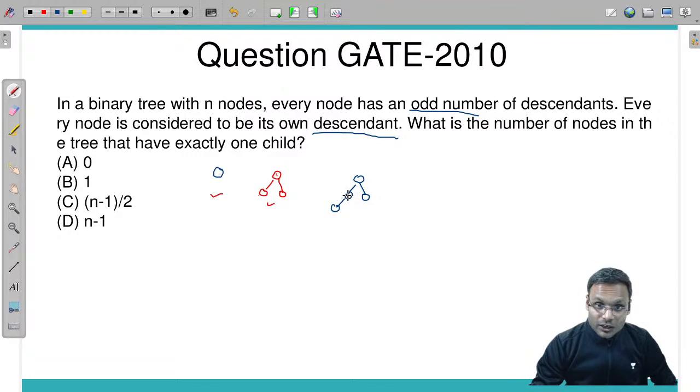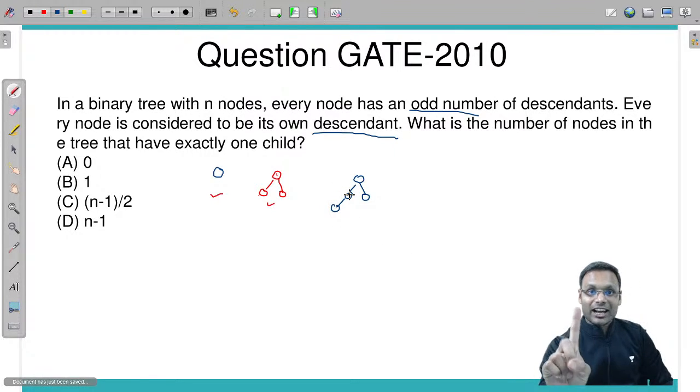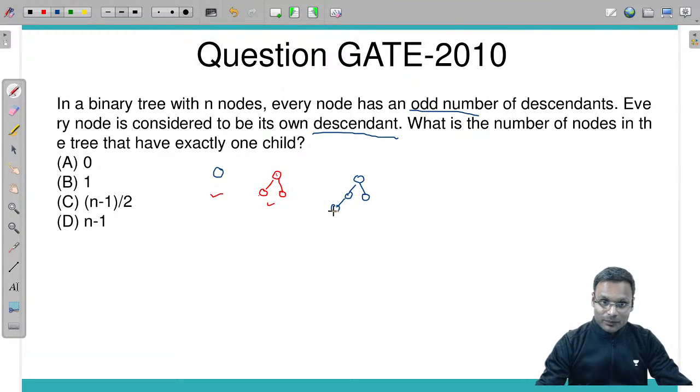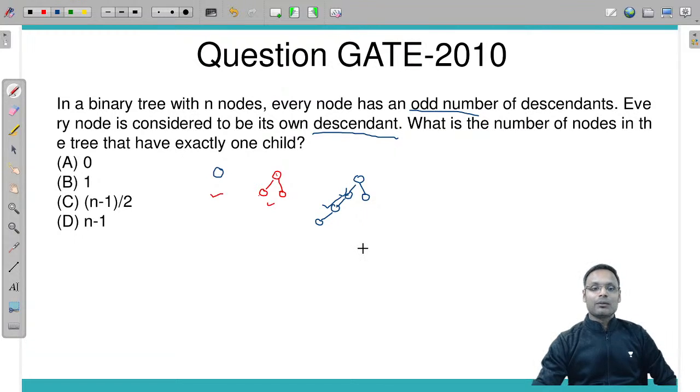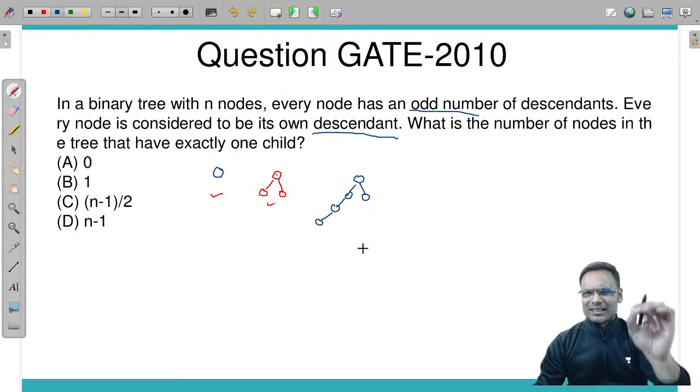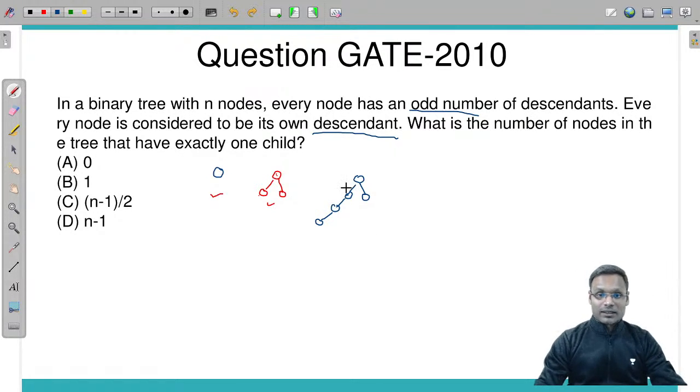No, this particular node which has a single child will have an even number of descendants. If we try to make it even by adding one more node below, this node will not satisfy the property. It is a very simple concept.